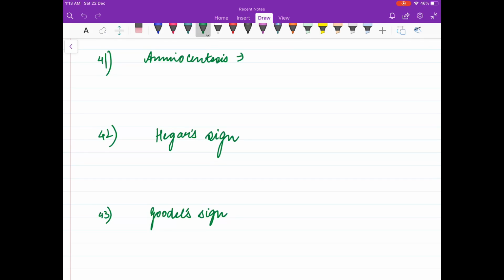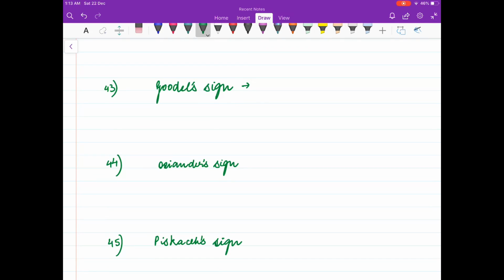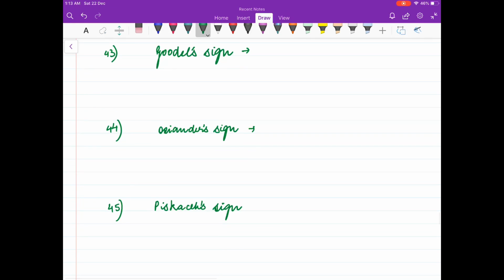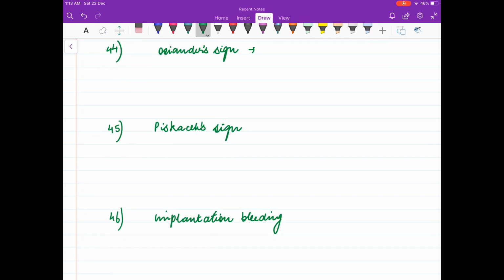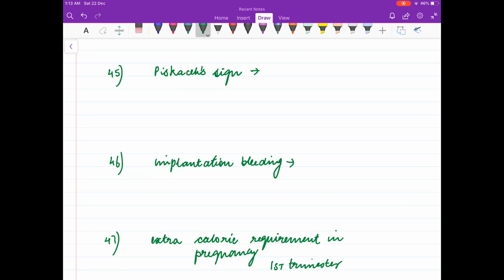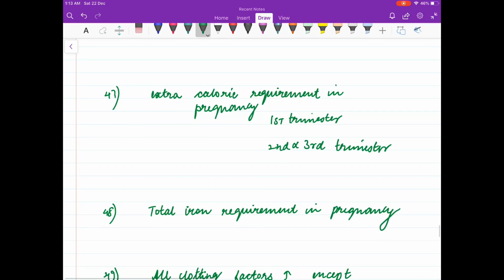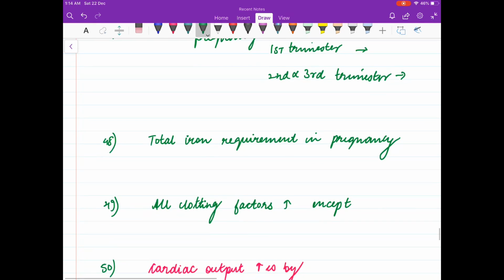What is Hegar sign, what is Goodell sign, what is Osiander sign, what is Piskacek sign, what is implantation bleeding? Extra calorie requirement in pregnancy in the first trimester, in the second and third trimester?